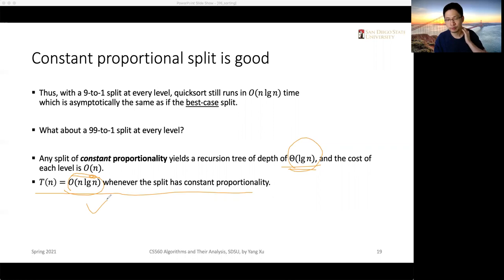We want the algorithm to be as close to the best case as possible, so we want to avoid the extreme unbalanced cases. We want the split to be as even as possible. So that's why we can do something to improve the quicksort algorithm.